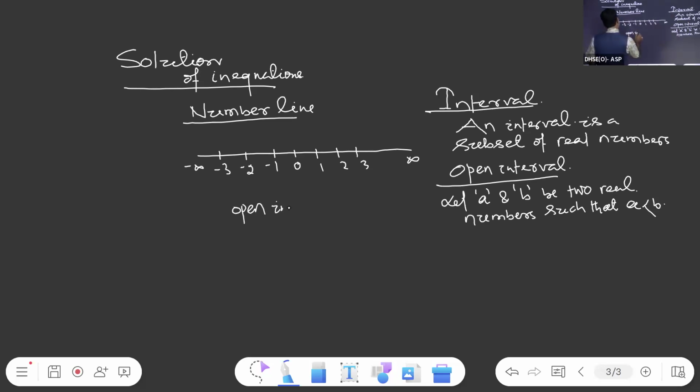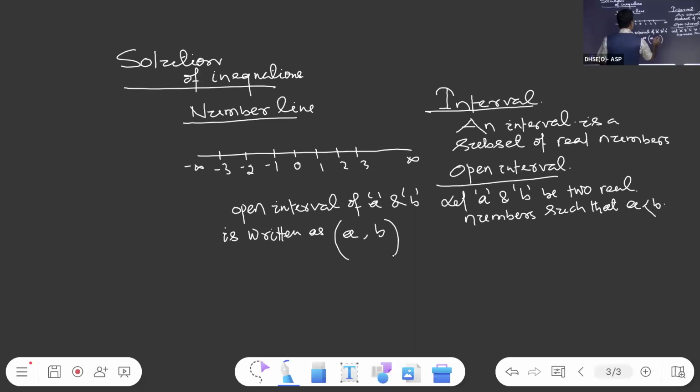Open interval is defined as, quickly note it, I will use the next page.